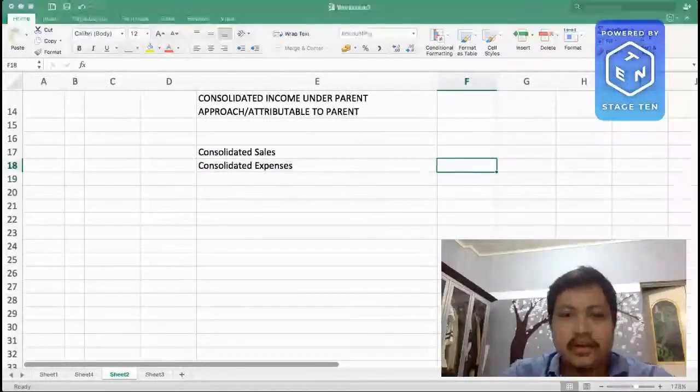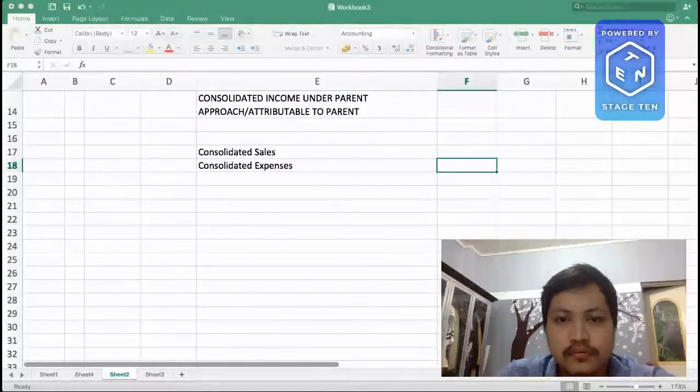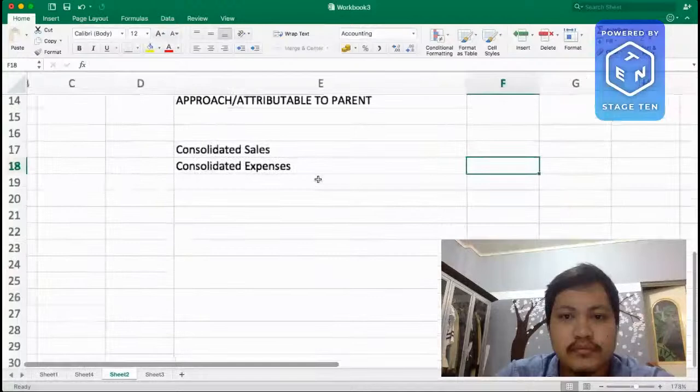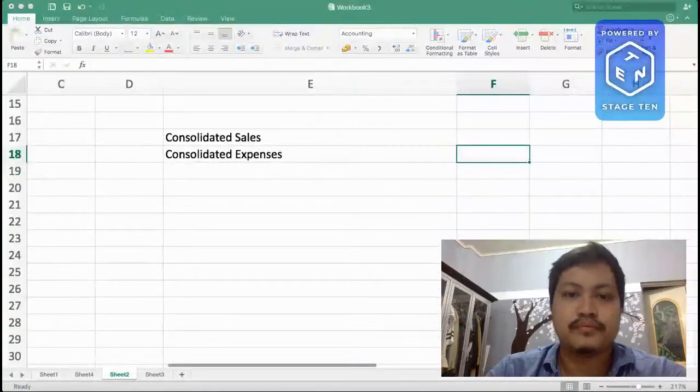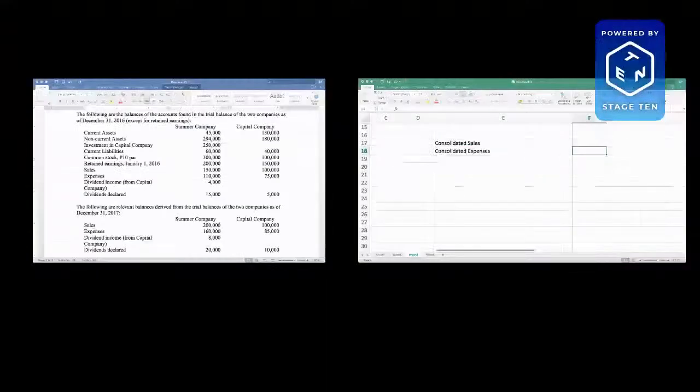They are shown earlier. As shown earlier, the sales of the parent is 150 while the sales of the subsidiary is 100.